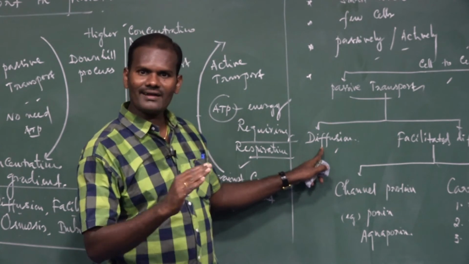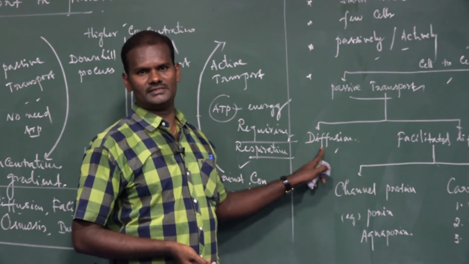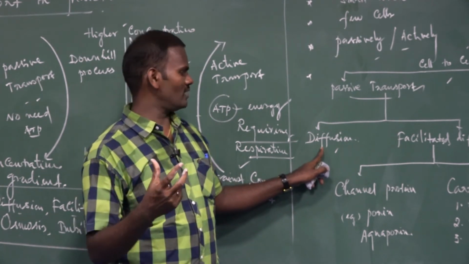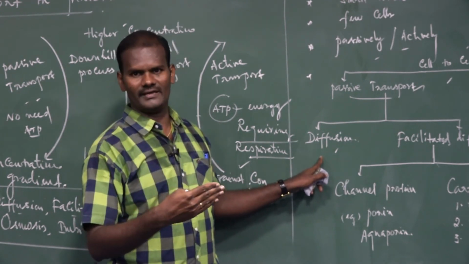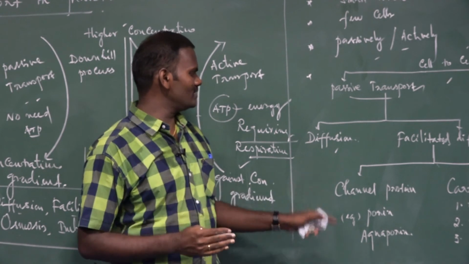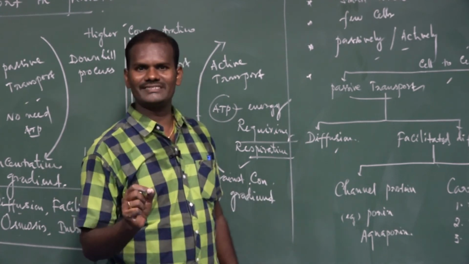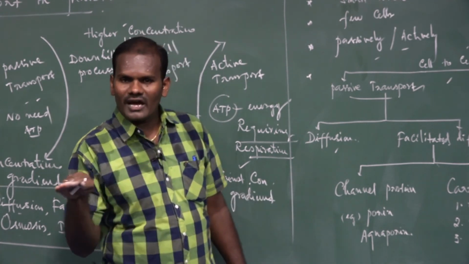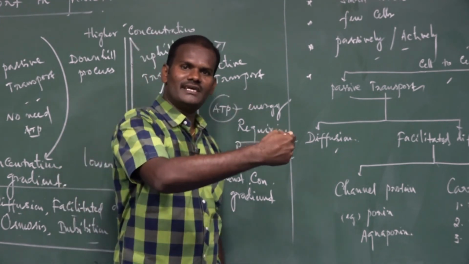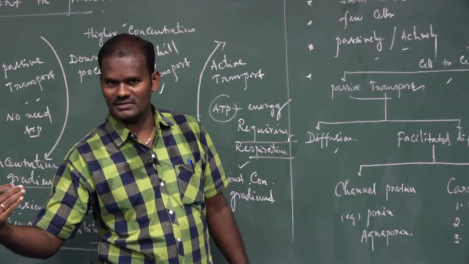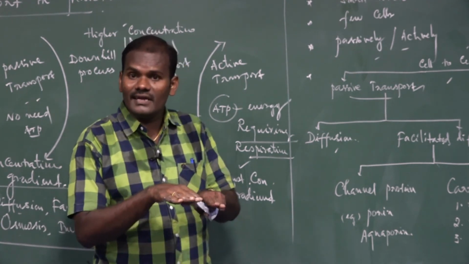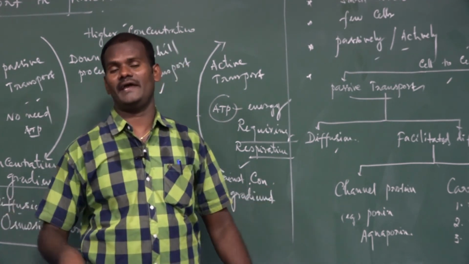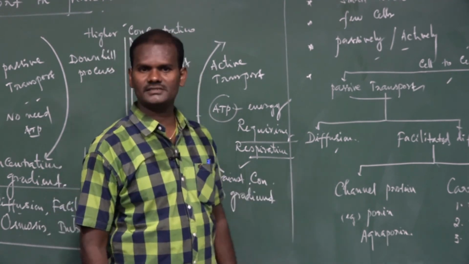Molecules move from higher concentration to lower concentration, based on their concentration gradient without any barrier. So how can we define the term diffusion? Diffusion is the net movement of molecules from a region of higher concentration to a region of low concentration along the concentration gradient until equilibrium is obtained. That is called diffusion.